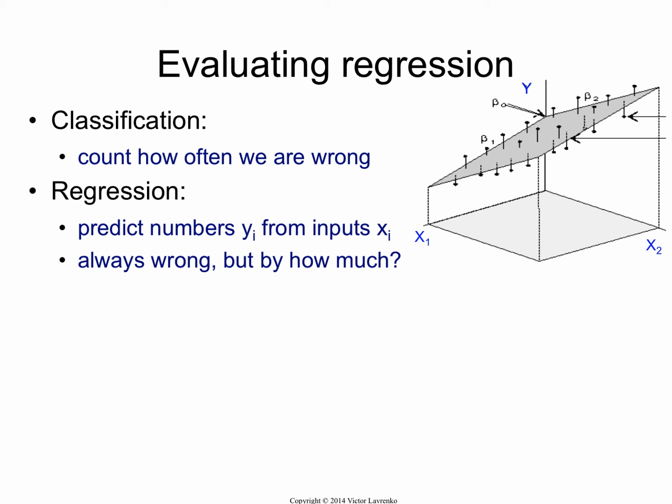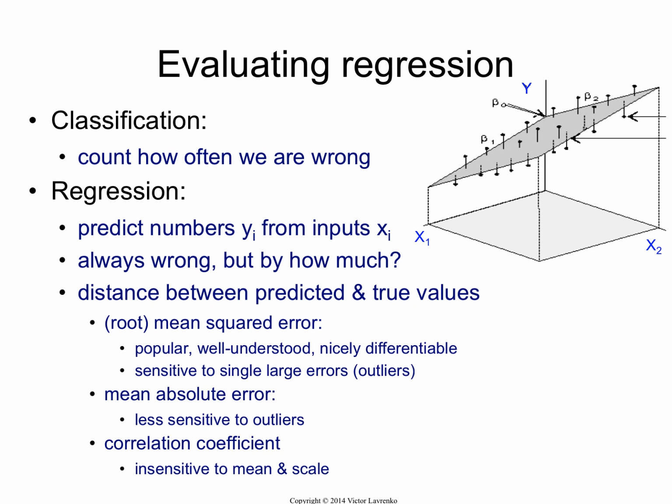The y value predicted by the hyperplane, that's just if you take this and drop a line straight down. That's the predicted value where it intersects the hyperplane. So what you want to measure in regression is how far off the hyperplane is from all the observed data points. So it's some measure of distance between the true values and the predicted values.